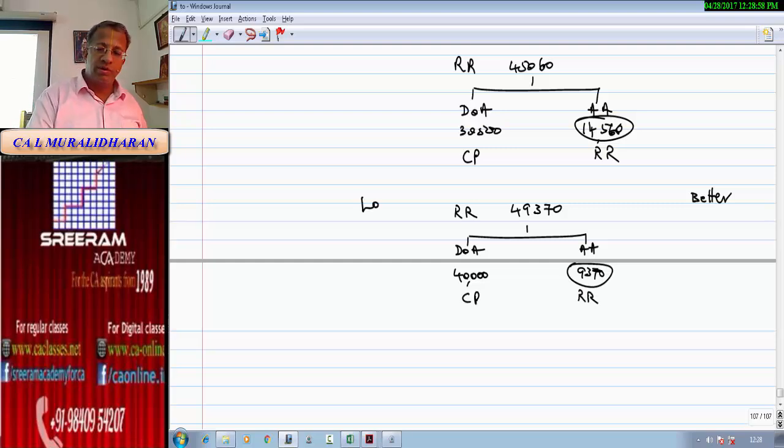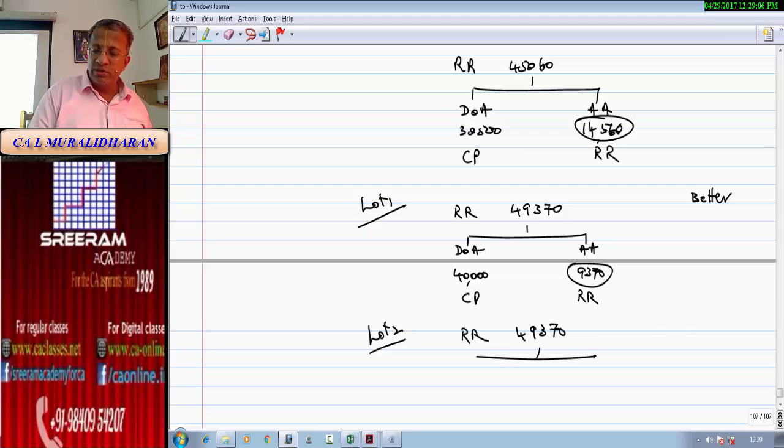This is for lot number 1. For lot number 2, revenue reserve 49,370. That should be classified in a different date of acquisition. When the second lot was purchased, the amount of capital reserve was 45,000. 4,370 balancing figure.